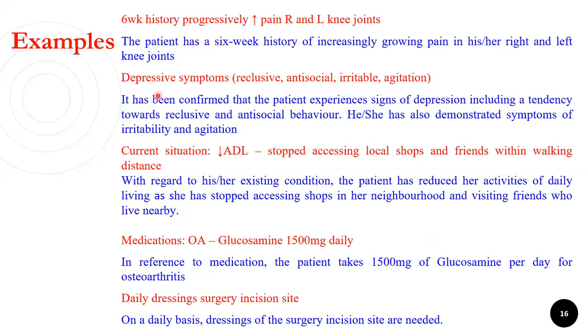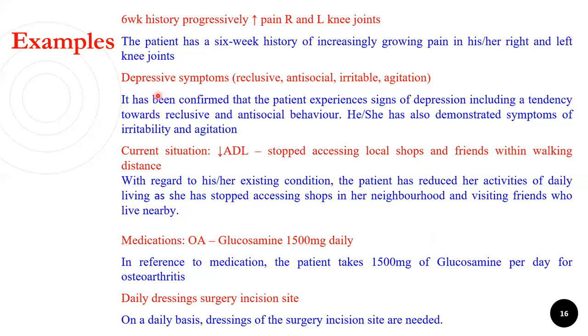It's more of the logical way of ordering that. So in reference to medication, the patient takes 1500 mg of glucosamine per day for osteoarthritis. That's the OA, osteoarthritis. So I have changed the ordering of the words over there to reflect a very grammatically correct sentence.